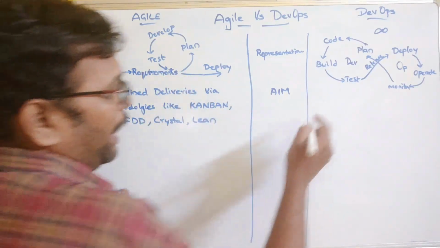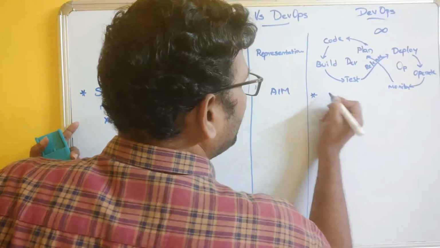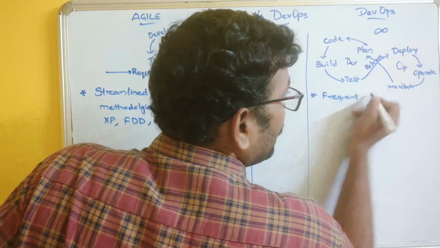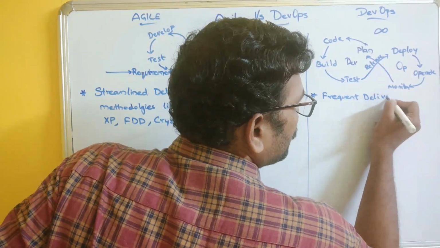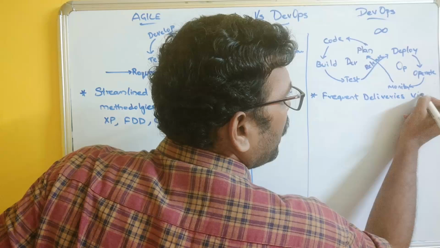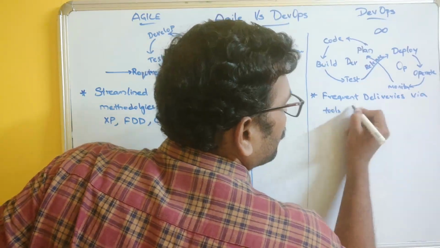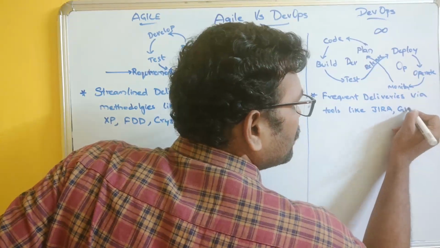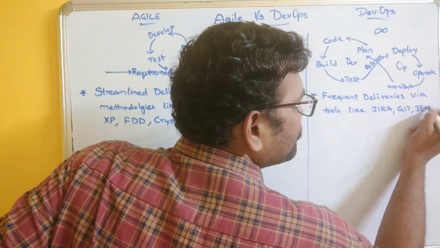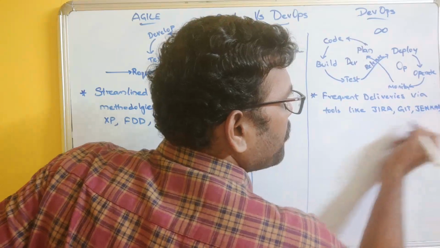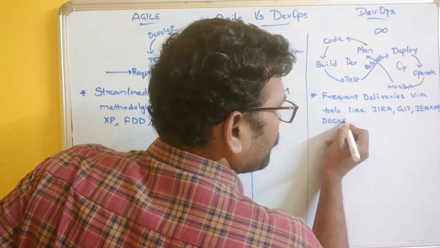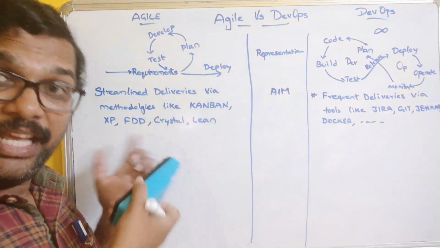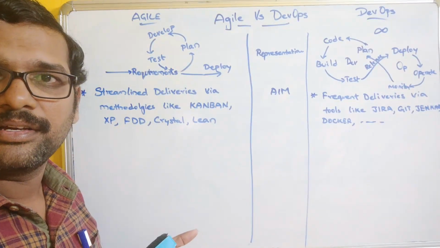But here in DevOps the aim is frequent deliveries via tools like Jira, Git, Jenkins, Docker, Kubernetes, etc. So here we use tools, whereas there we use methodologies, right?